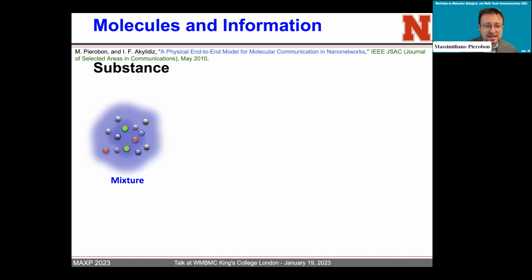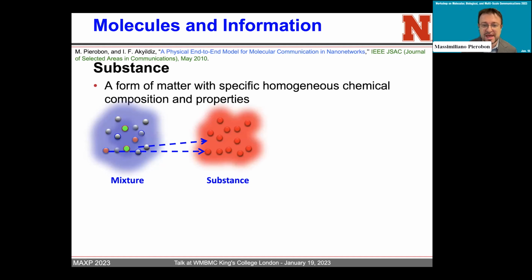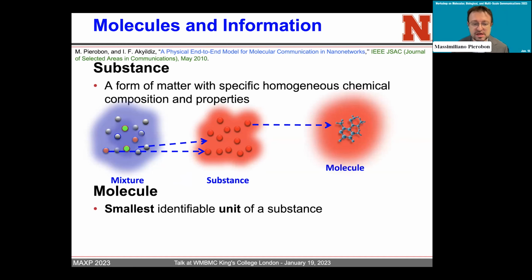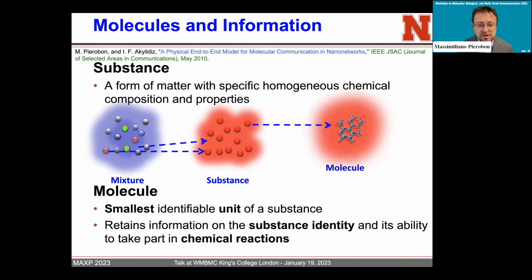If we were able to extract one only molecule type, and in some cases we can, and put together an ensemble of molecules of the same type, we would obtain what we call a substance. In a substance, a single molecule is the smallest identifiable unit that retains all the characteristics of the substance: the substance identity, its chemical and physical properties, and the ability to take part in chemical reactions.